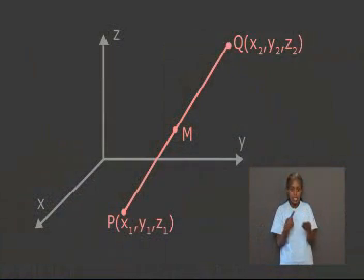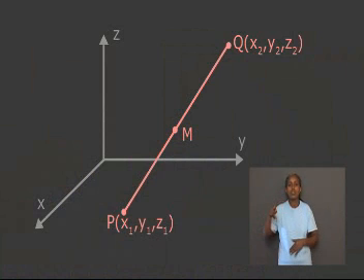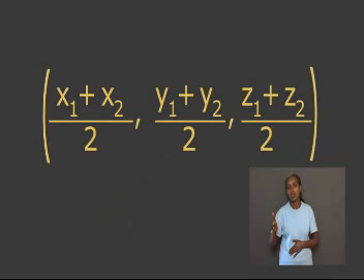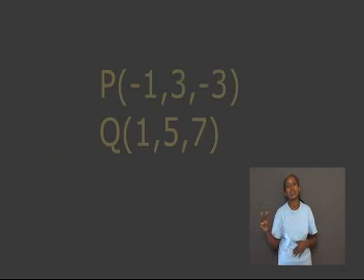Therefore, if the coordinates of P and Q are given as we see here, the midpoint will be given by the formula x1 plus x2 over 2, y1 plus y2 over 2, and z1 plus z2 over 2.